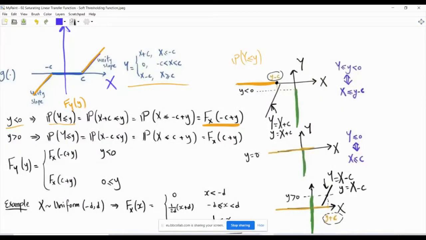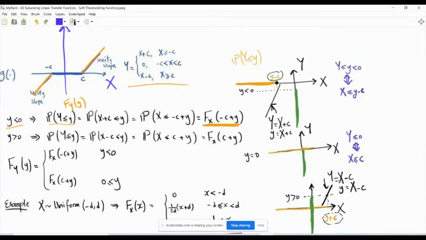You ask yourself, what is the probability that big Y is less than or equal to 0? Big Y less than or equal to 0 means that big Y is on this green part here. Now, what are the values of x that will give you a y that is less than or equal to 0? Everything from minus infinity to c.